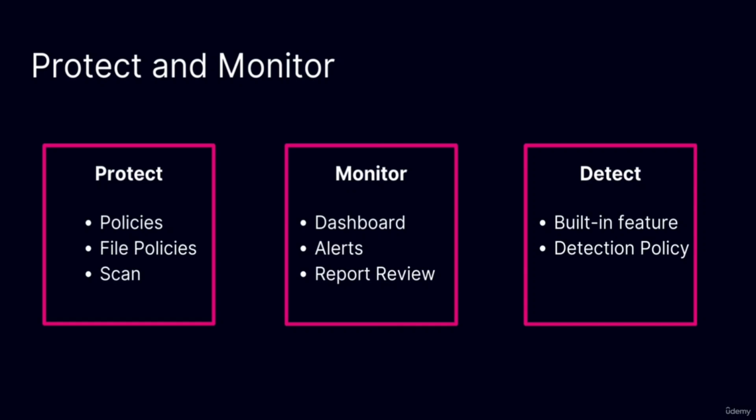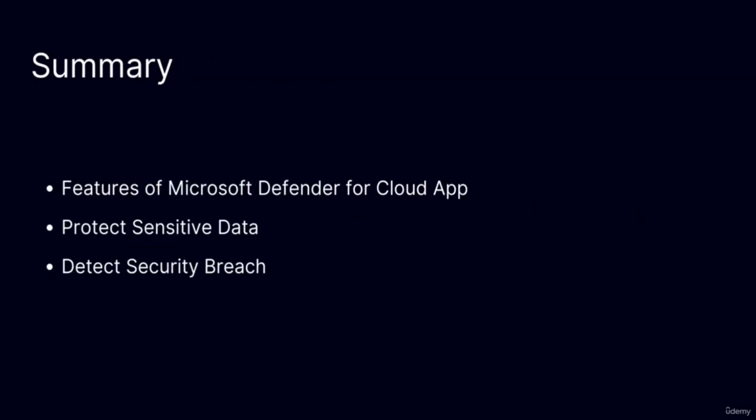And you can generate custom reports and send them to your admins, let's just say every day or once a week, and so forth. But the key here is to make sure that you are actually monitoring your environment, not just relying on automated policies. And finally, have policies that proactively detect any type of anomaly. You can use the built-in policies like we talked about before. Also, you can fine-tune the policies to meet your organization's requirements.